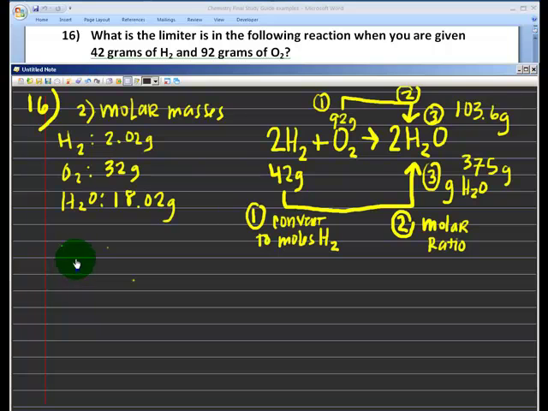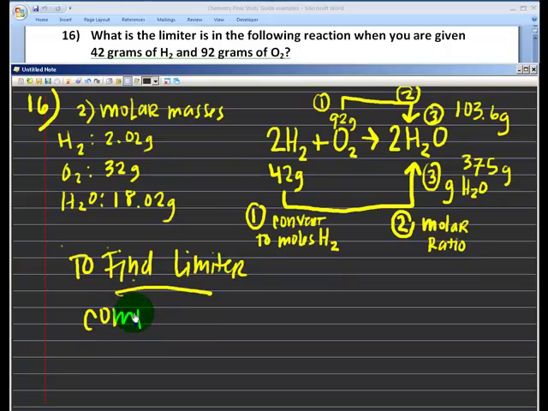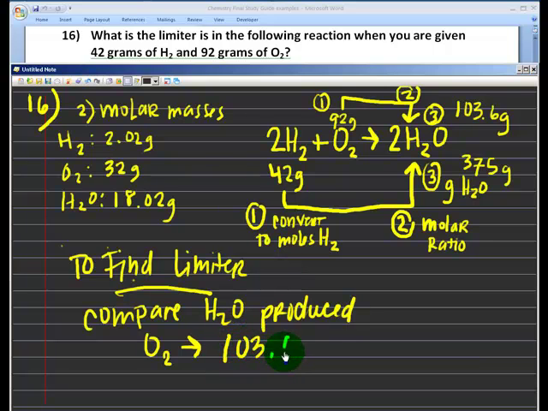So the last step we want to do is to find the limiter. So to find the limiter, you want to compare the H2O produced. Now if we look back up here, O2, if you look in your map, O2 is able to produce 92 grams of O2 produces 103.6 grams of H2O.